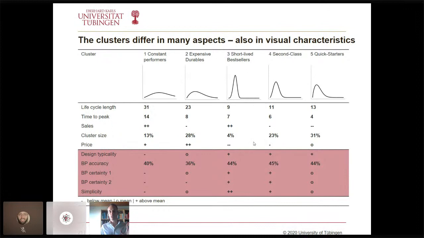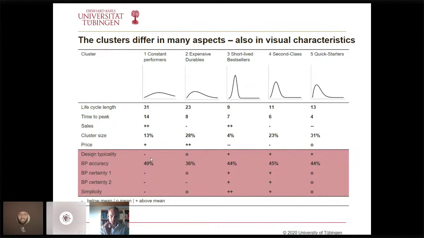But more importantly, if we have a brief look at the visual characteristics, what do we see? We see a difference between the rather flat clusters, clusters 1 and 2, and clusters 3, 4, and 5. The key difference is that these clusters are less typical than these clusters. The plus indicates that this specific variable is above the mean, 0 is roughly at the mean, and this is below the mean.